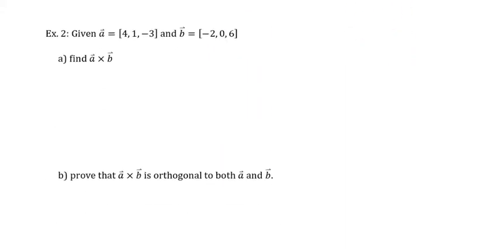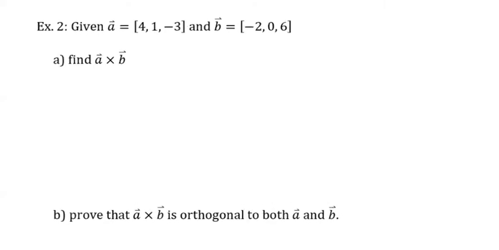Okay, let's do some stuff with cross product. So you can go ahead and try this one. Find A cross B. This little trick, I would actually write it out every time. Some of you, if you practice enough or if you're good at mental math, I'm sure you could do the work without it.